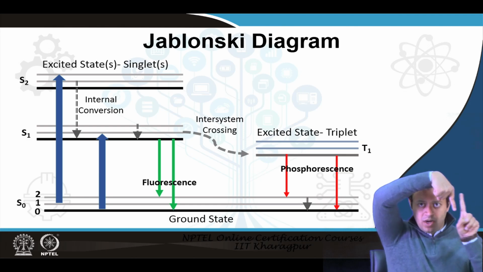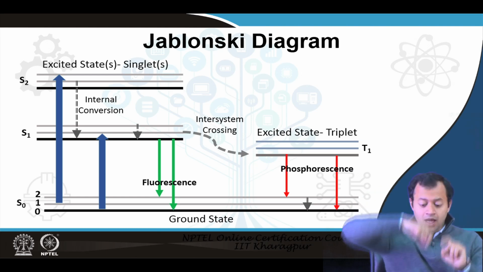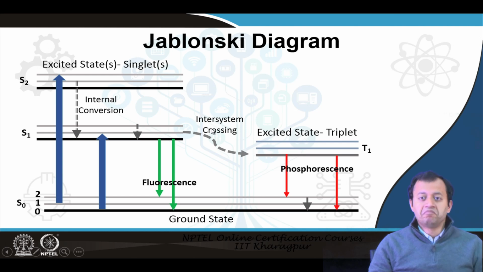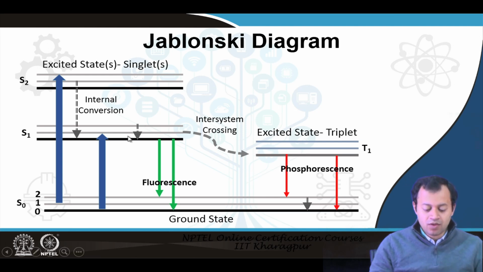And according to Pauli's exclusion principle, this is accepted: two electrons can stay in the same molecular orbital with antiparallel spins. However, due to inter-system crossing, maybe some kind of vibration, maybe energy split, what happens is that when the electron moves from this level to this level, its spin reverses.